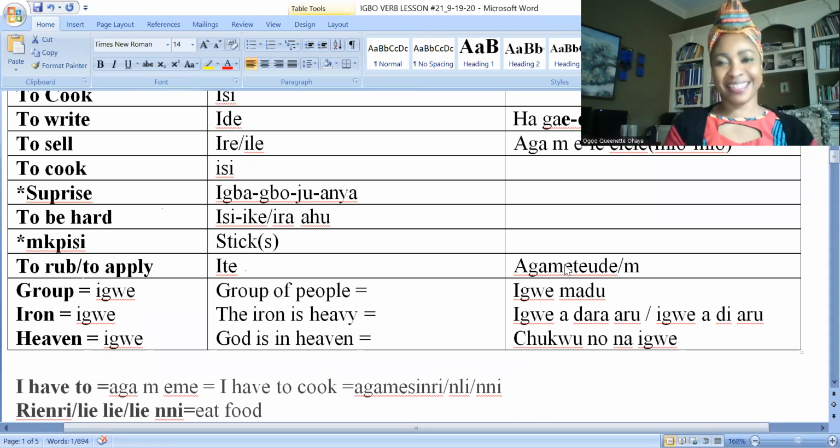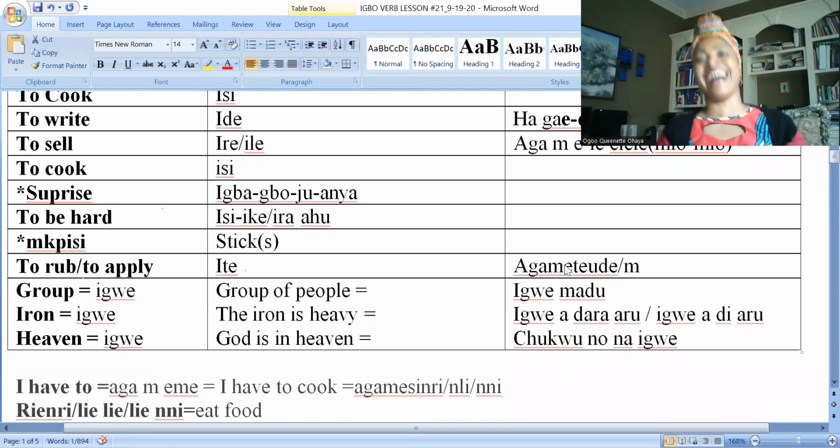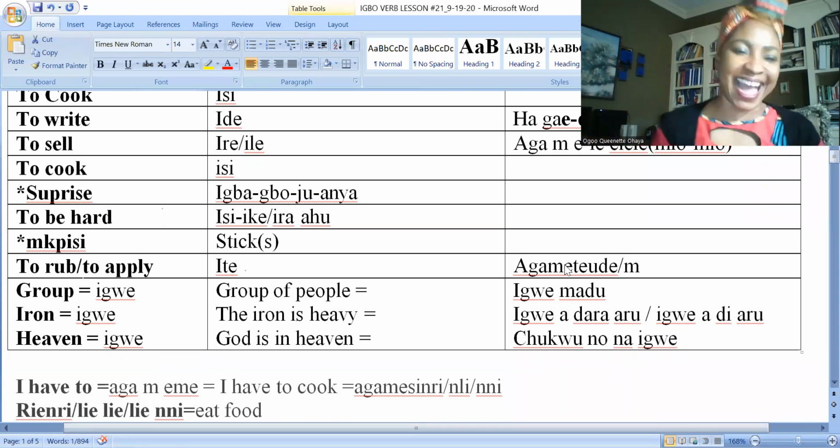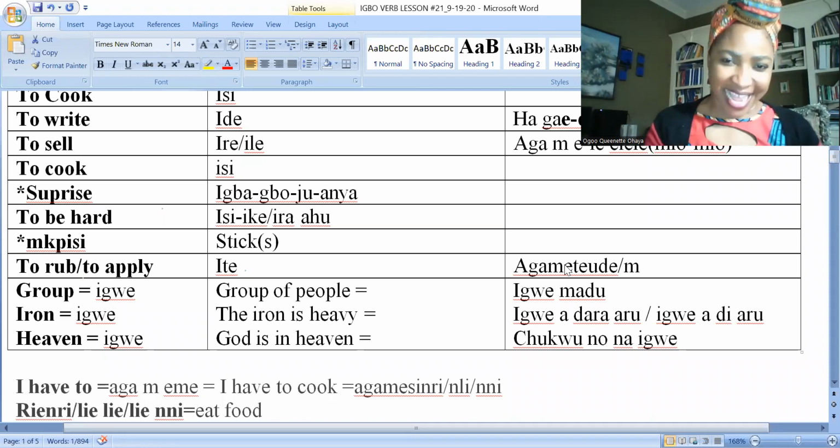Group, igwe. What does that mean again? Chinua, group means igwe. Okay.